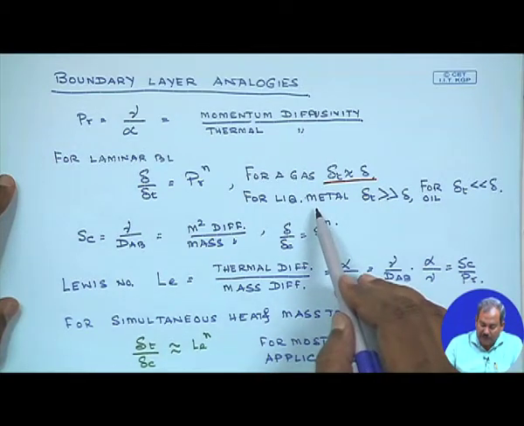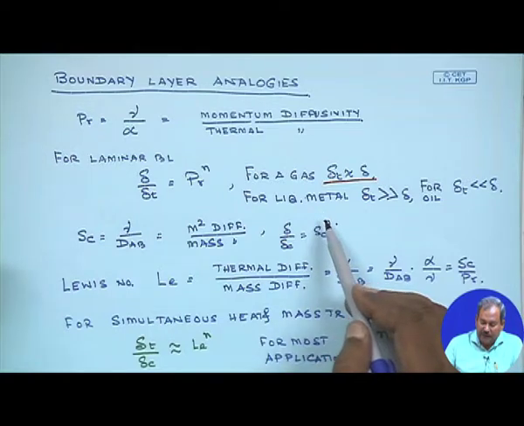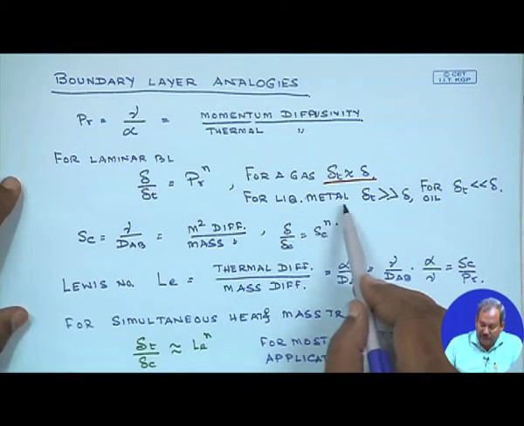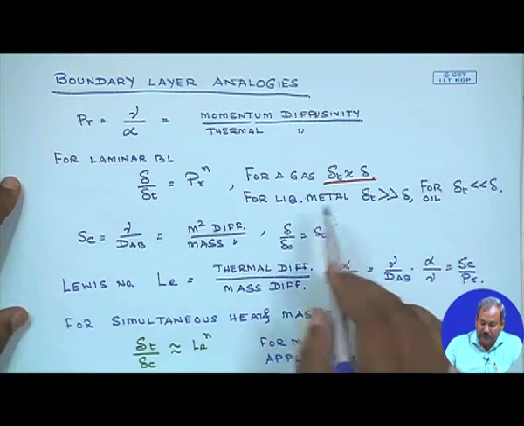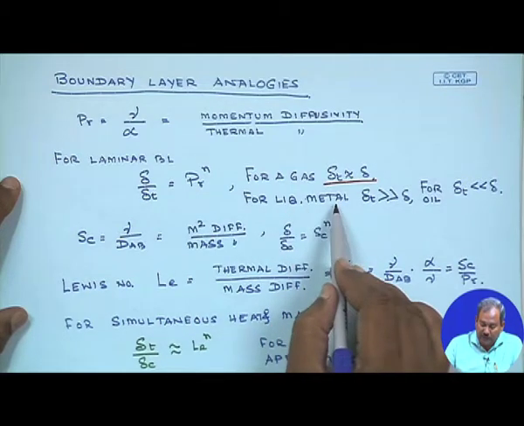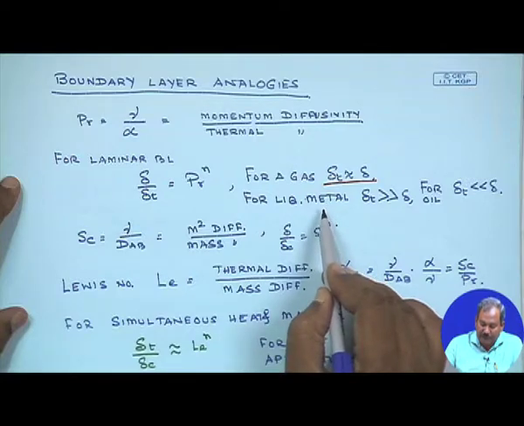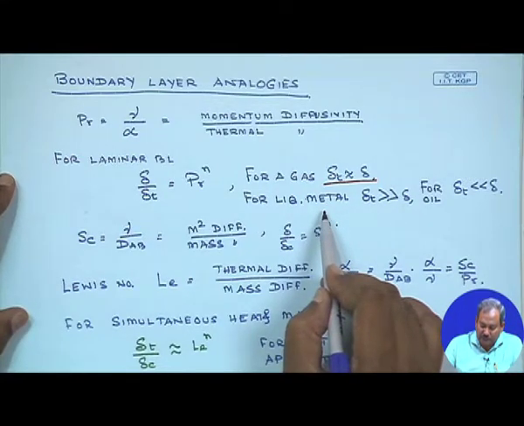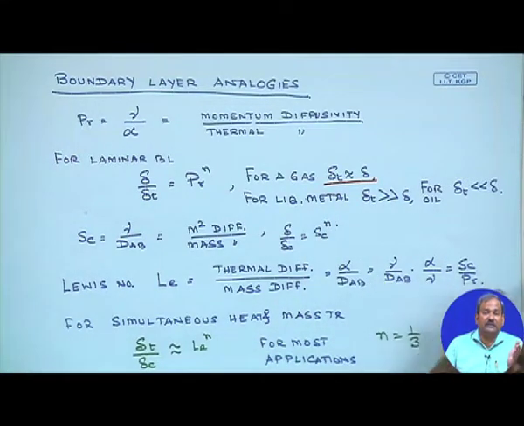But for a liquid metal, the value of K is very large. The thermal conductivity of a liquid metal is so high that the effect of the solid surface in contact with the liquid will be felt at a greater distance inside the liquid metal.